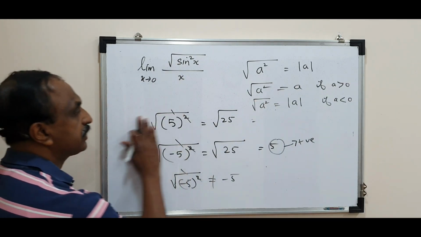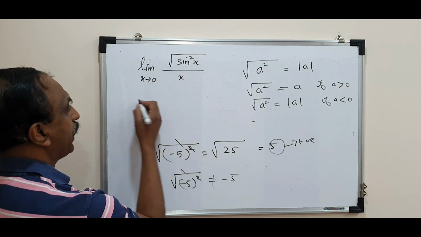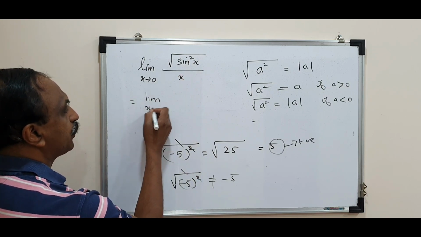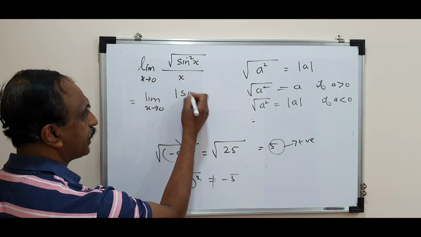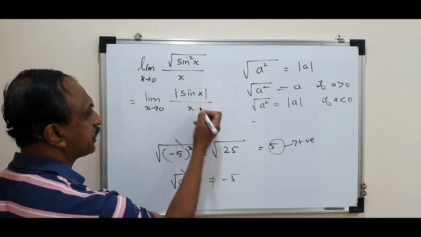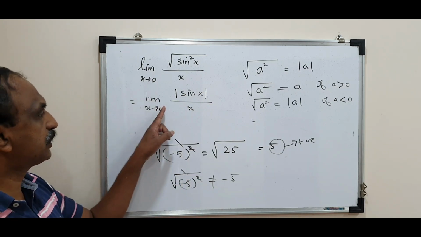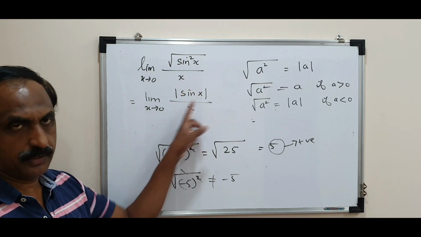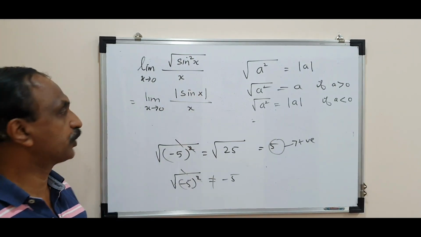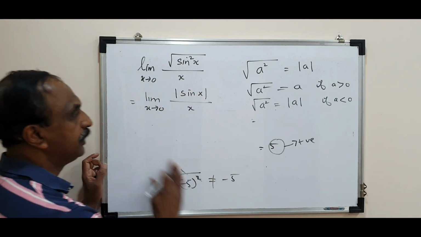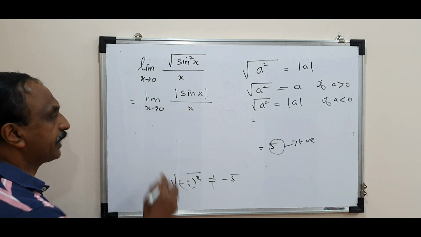So when I write root of sine square x upon x, it is nothing but limit x tending to 0, modulus of sine x upon x. When x is 0 minus, x is a negative number, and when it's 0 plus, it is a positive number, so this limit does not exist.